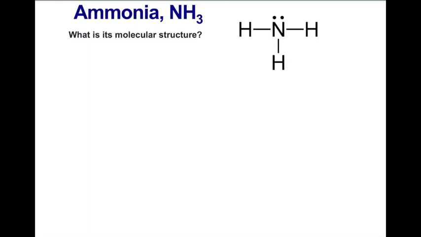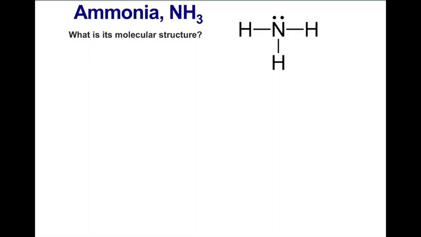Each hydrogen has 1. So because there are 3 hydrogens, they are contributing a total of 3. And since nitrogen has 5, we have a total of 8 valence electrons in this whole molecule. So the nitrogen's got that octet. All 8 are being shared by nitrogen, and all of the hydrogens have their duets or their pairs. So it's all stable, it's all good, and we can move forward.